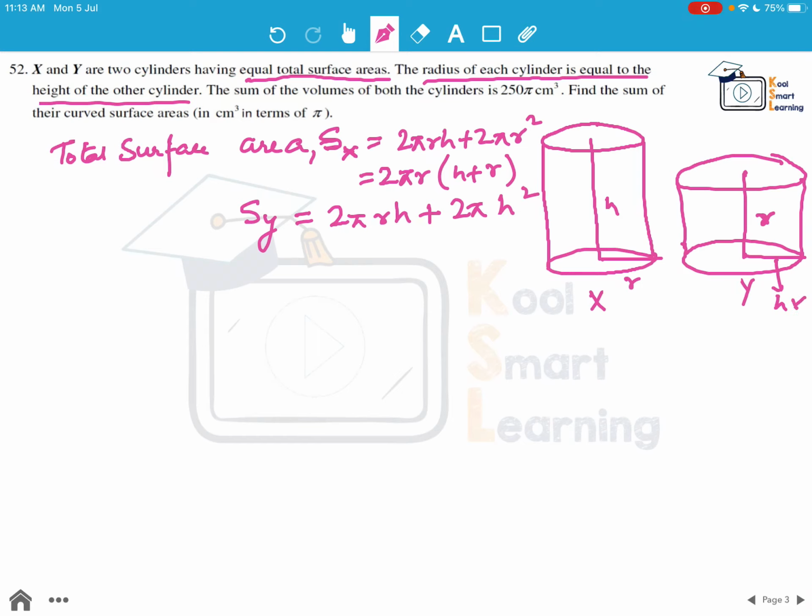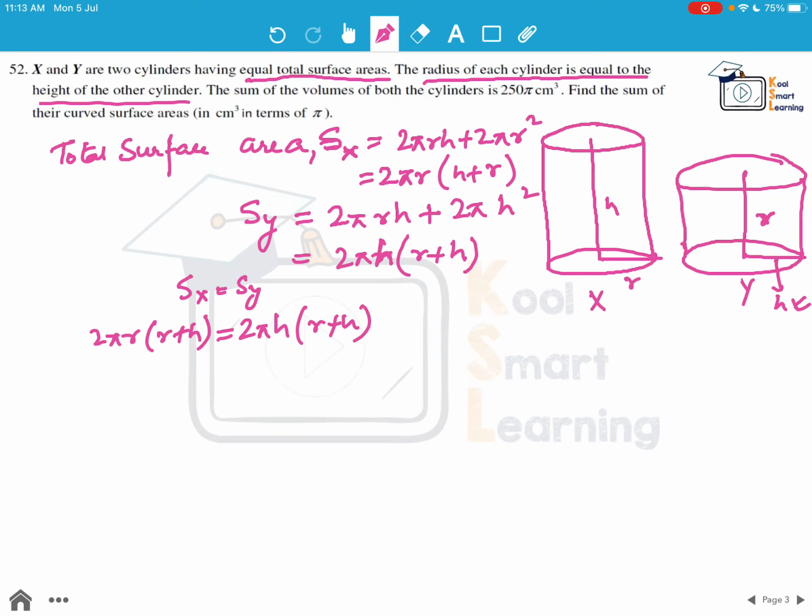Right? Because here the radius is h. So this is again 2 pi h into r plus h. And these two are given to be equal. So Sx is equal to Sy means 2 pi r into r plus h is equal to 2 pi h into r plus h. So 2 pi cancels, this implies r is equal to h. Right? So from these two areas being equal, we get r to be equal to h.